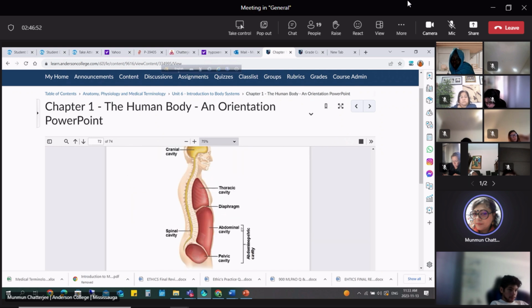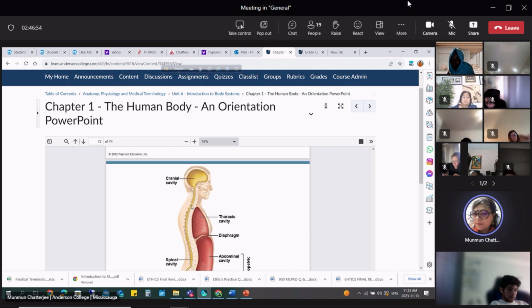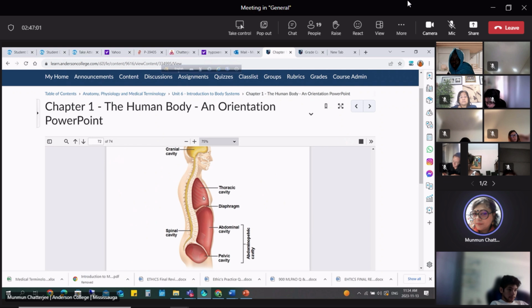So see, this is the cranial cavity, this is the spinal cavity, this is the dorsal cavity. The thoracic cavity mainly houses the lungs, heart, and some part of the digestive system. There we have a diaphragm. It's a muscular part which helps to separate these two cavities. And this is the abdominopelvic cavity.